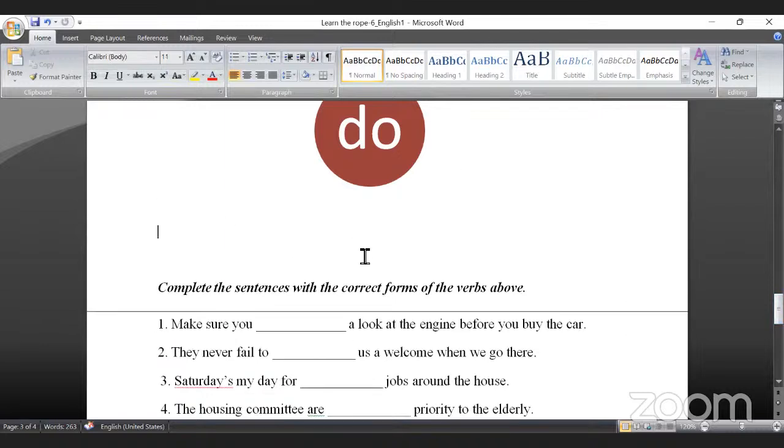What is it? How many? Have, then take, and give, then go, and do, and this is the other one. Have, take, give, go, do, and make.